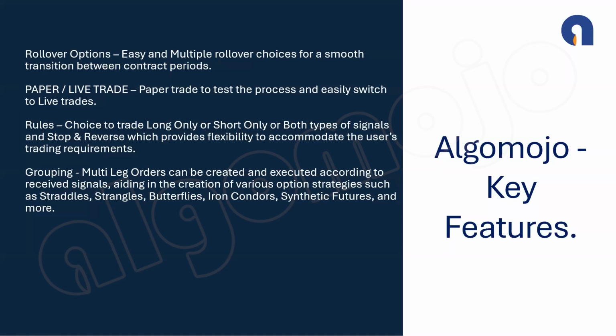Suppose there are 3-4 legs in an option strategy. Based on one signal, all the legs will get executed in one shot. In case of closure or reversal, it will work in a similar fashion based on a single signal. So you have the flexibility to choose and customize each leg of the option strategy.